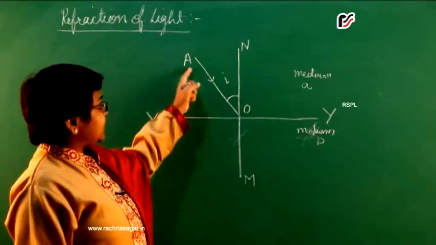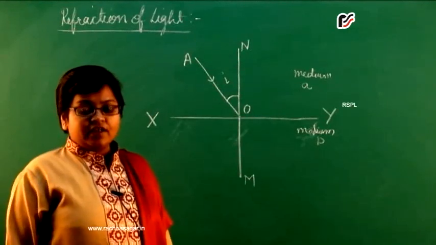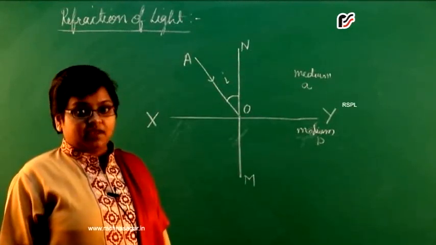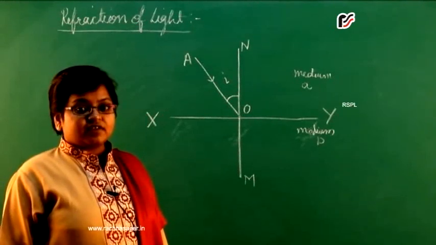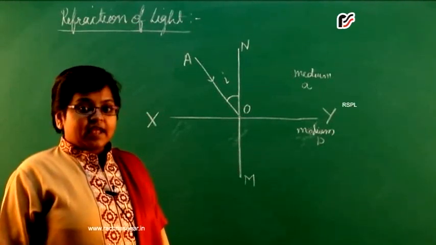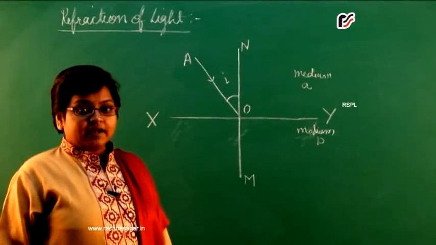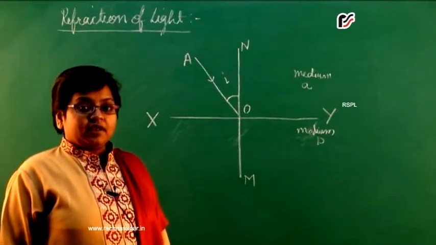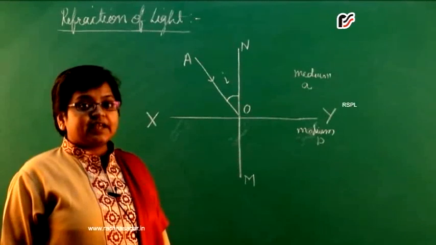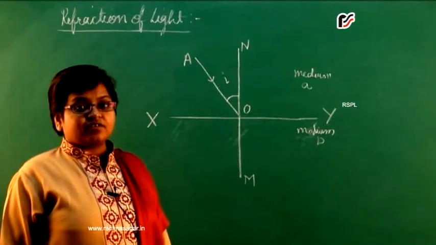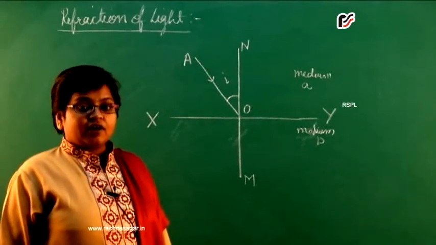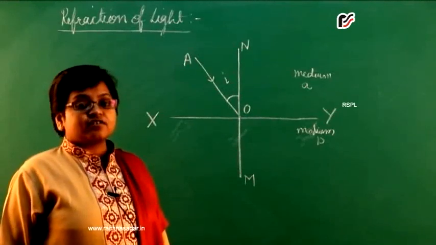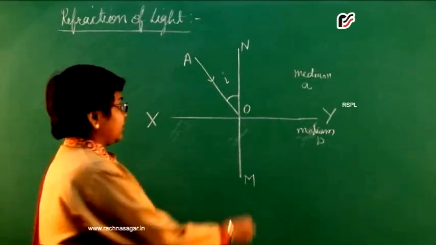Here we take an incident ray AO which is incident in medium A at an angle of incidence i. As this ray enters medium B, the path of the ray will deviate. This deviation in the path of the ray is known as refraction.